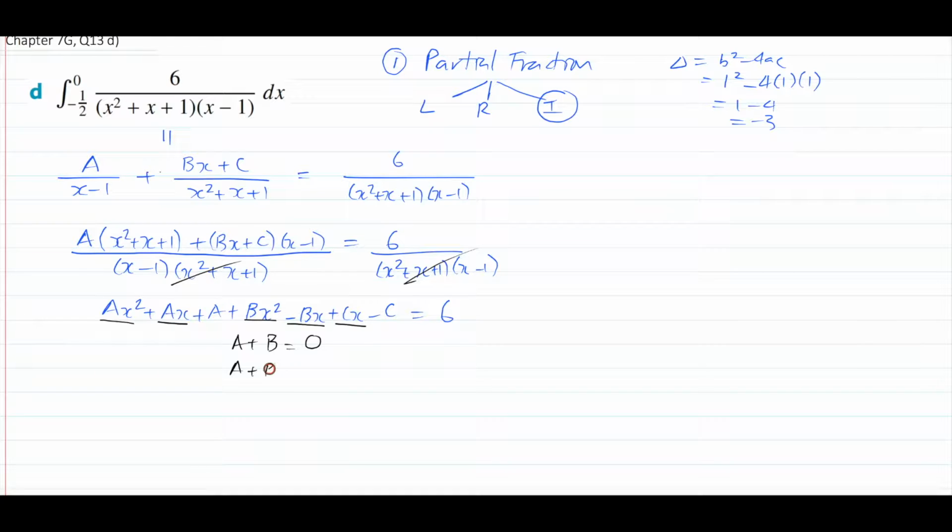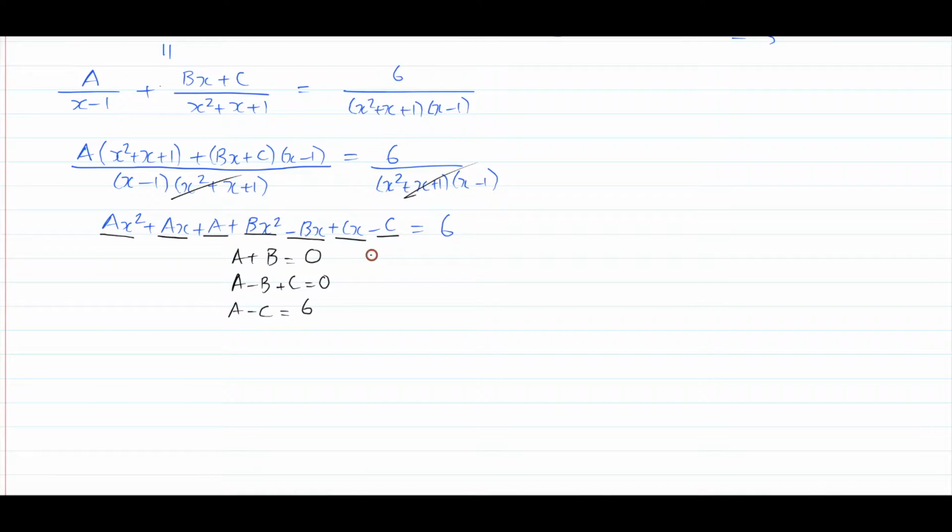So a minus b, actually. So a minus b plus c equals 0. And then the last one, a and minus c. A minus c in this case should be equal to 6. So not 0 anymore, but that's because we have a 6 on the right-hand side. So that's your first equation, second equation, and third equation.